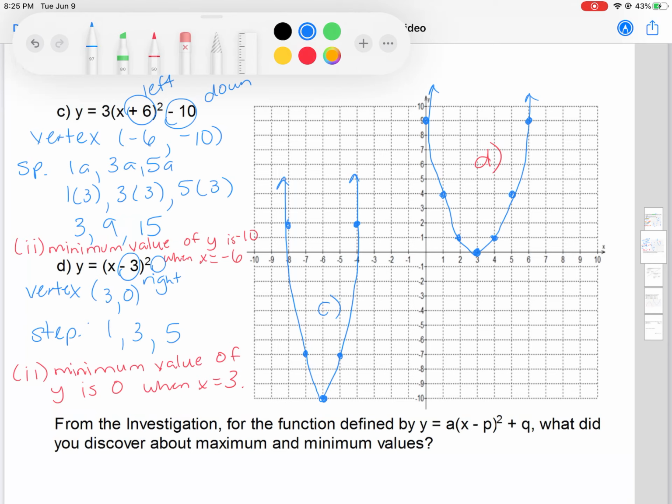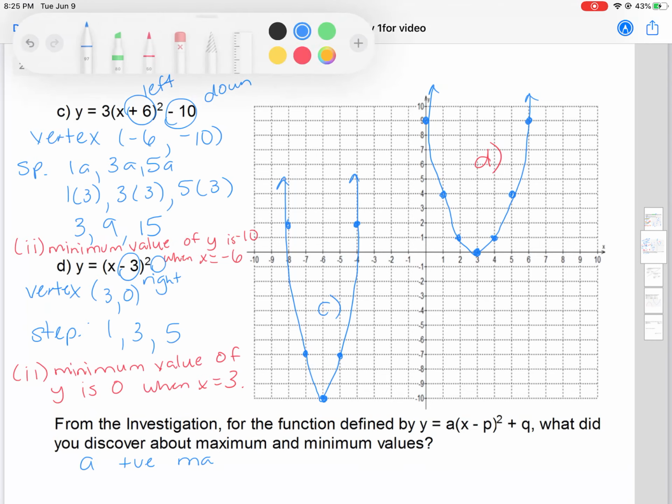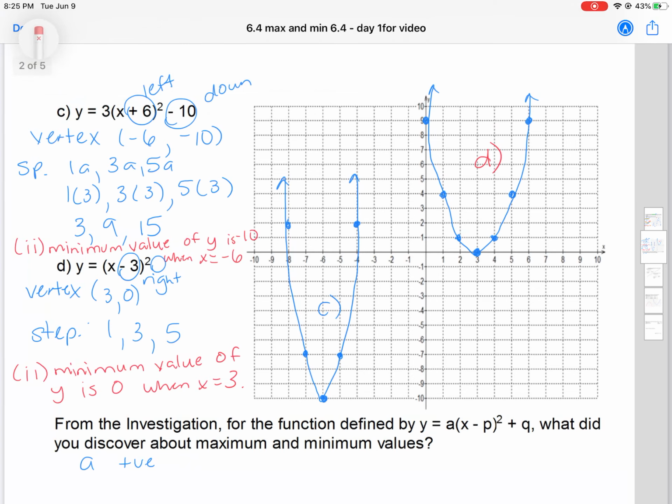Okay, and then the question down here: what did you discover about the minimum and maximum values? So the A value, if it's positive, that means you're going to get a minimum. And if it's negative, you're going to get a maximum value.